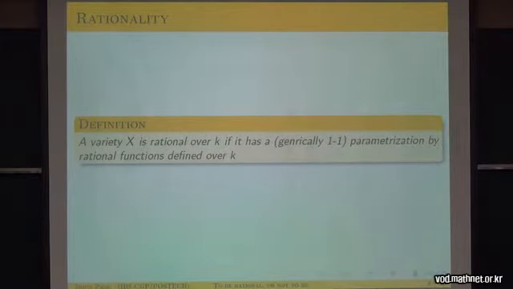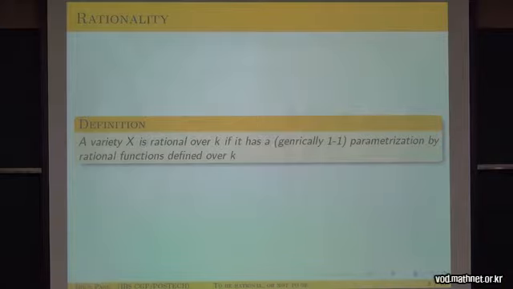So that's why I put in this phrase. Generically one-to-one means the map is one-to-one almost everywhere. So this is the definition of the rational variety. But this is a very familiar concept. I think you know this concept from calculus.